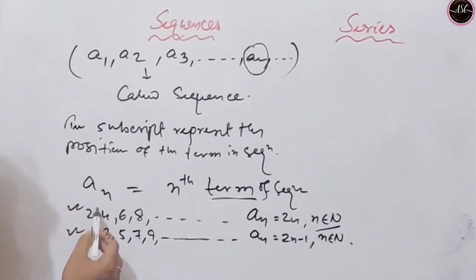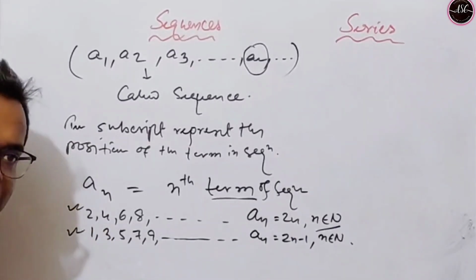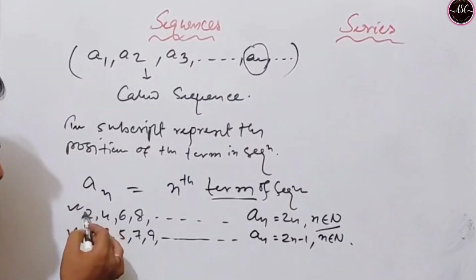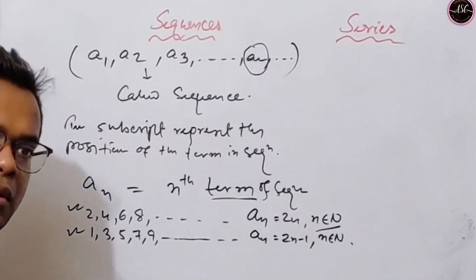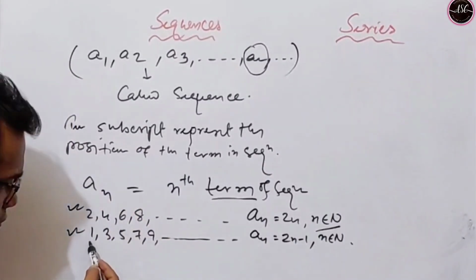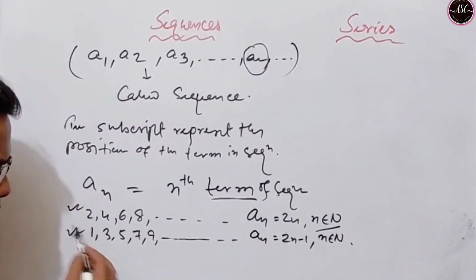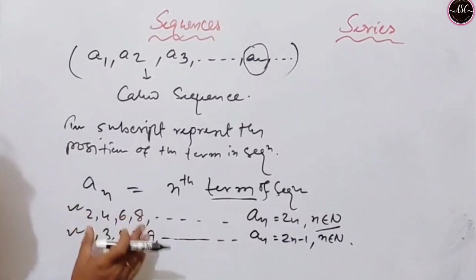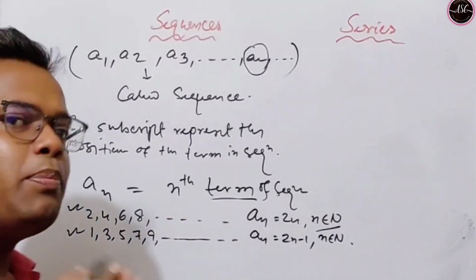The next term is greater than the previous term, and if we add 2 with the first term, then we get the next term. If we add 2 with the second term, then we get the third. Similarly, we have seen a particular pattern.